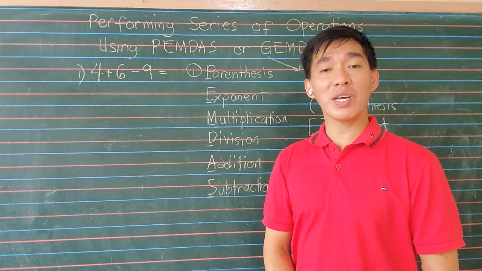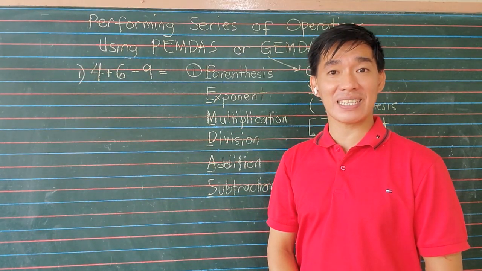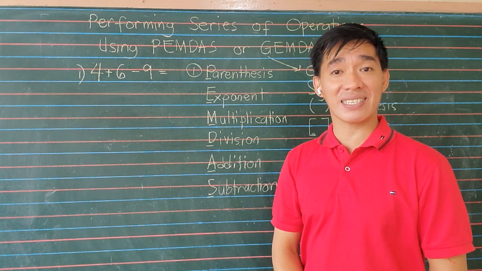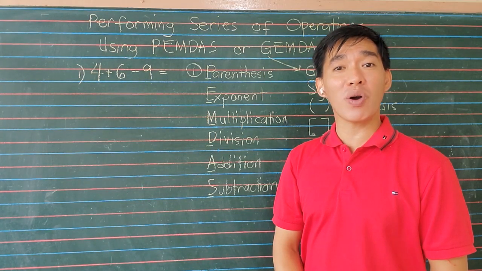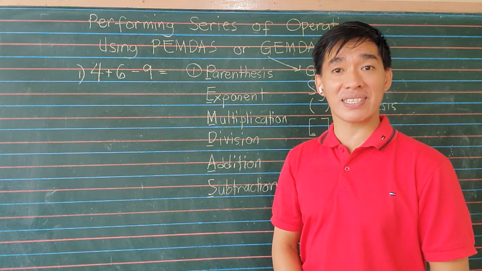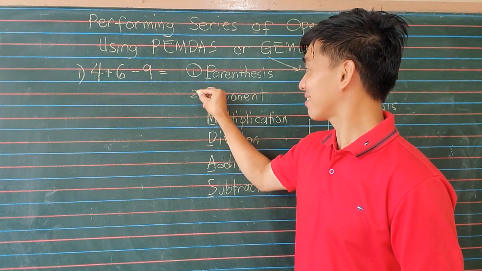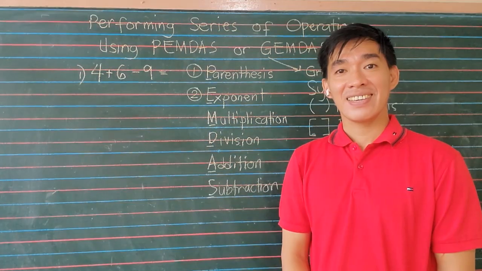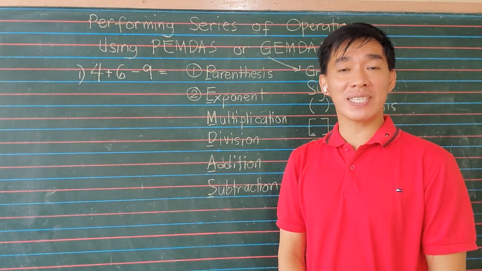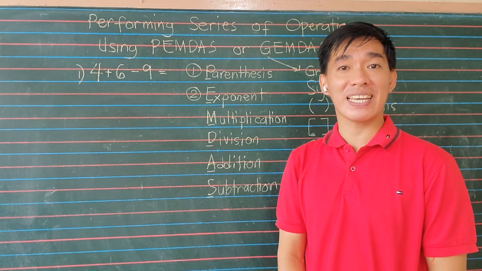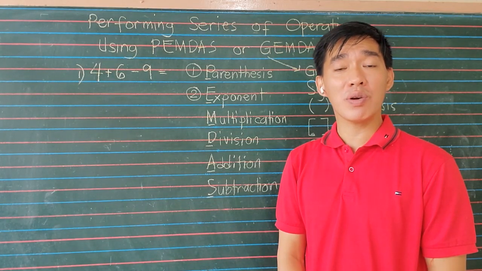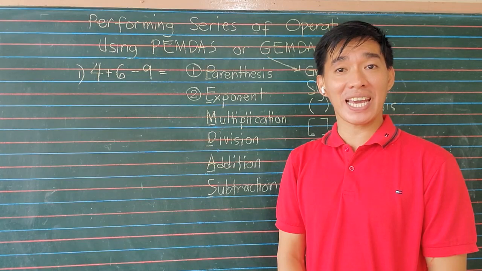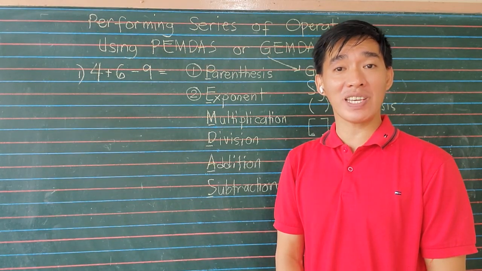If you are done with the grouping symbols in the parentheses, then you are now ready for the next step. The second step that you have to do is to operate those numbers with exponents. If you already solved those numbers with exponents, the next step that we have to do is to solve multiplication and division operations.